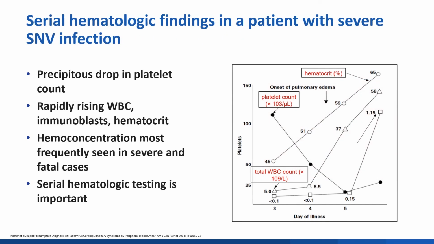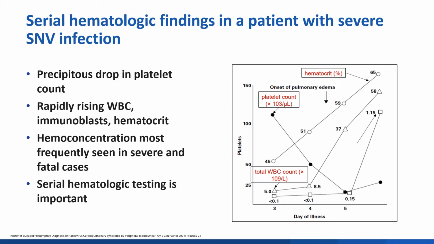Here is a graph describing the serial hematologic findings in a patient with severe Sin Nombre virus infection. The open circles depict hematocrit percentage, the closed circles depict the platelet count, the squares depict the immunoblast count, and the triangles depict the total white blood cell count. There is a precipitous drop in the platelet count, going down from approximately 120,000 to 50,000 over a 24-hour period.